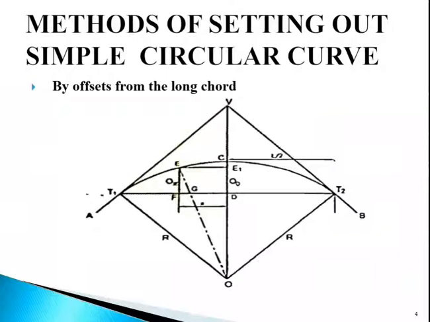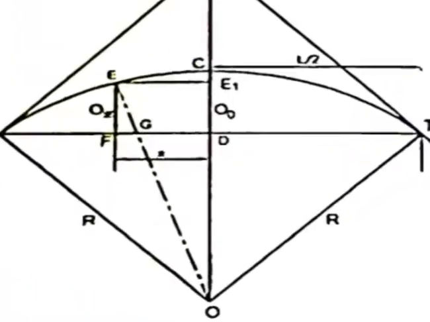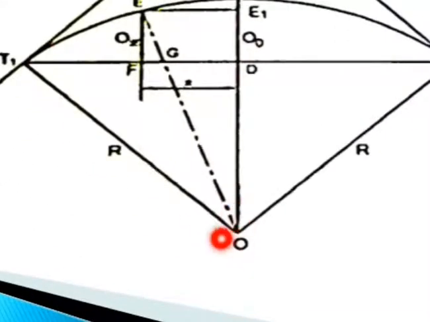Let T1 and T2 be the points of curvature and tangency of the curve. Radius of the curve is R, capital R, having O as the center. We can see here in the image O is the center.